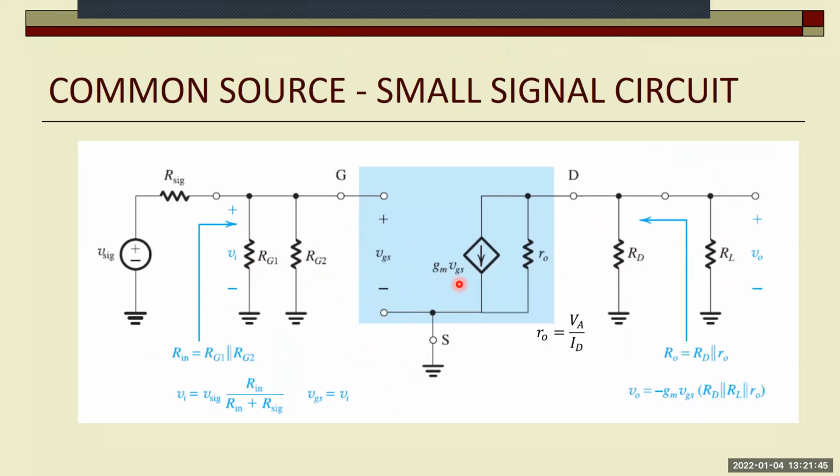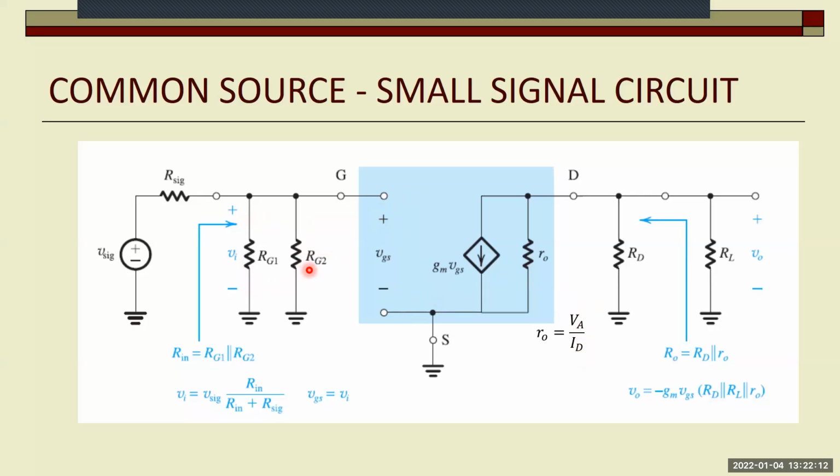This is gm VGS. If we need to take care of it, R0 is the Early voltage divided by ID. So what is the input resistance? Obviously, since there is an infinite input resistance here, it's the parallel equivalent of these two gate dividing resistors.